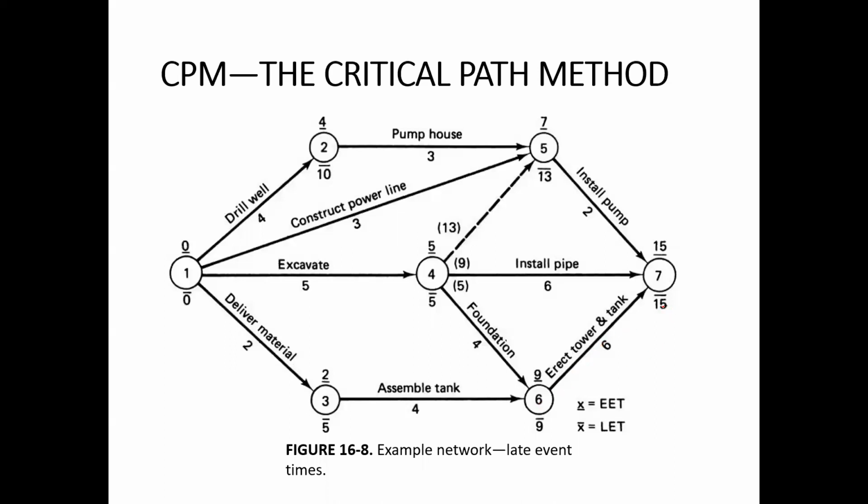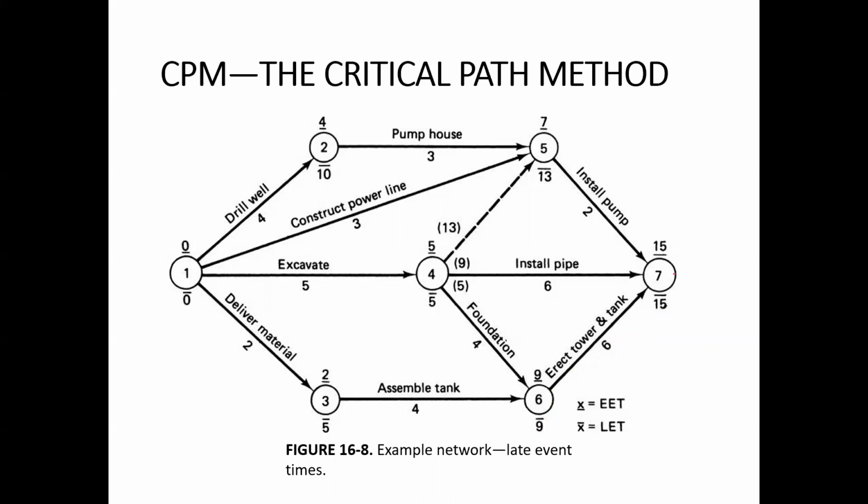Now we are moving towards the activity. So 15 minus 6 is 9. This means that this event number 6 can start as late as week 9. So we have represented this number 9 over here.